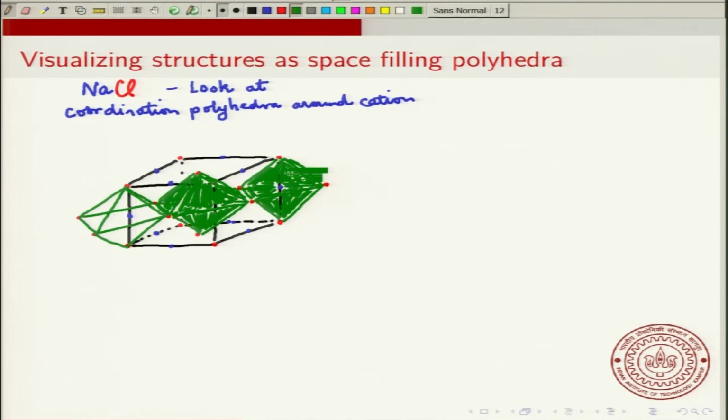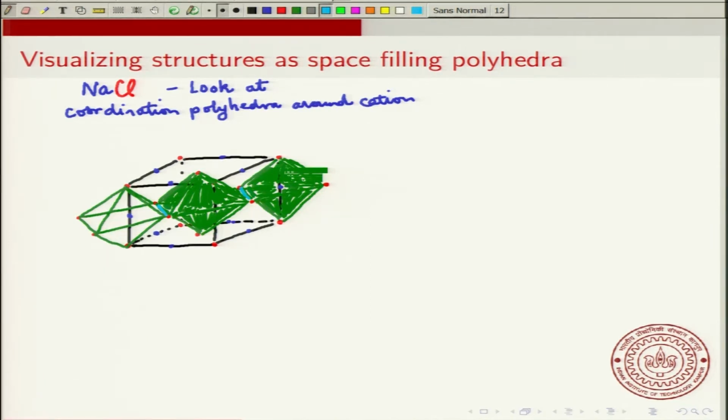So, you can see that in this octahedron here I will not show it, but I will just emphasize that there is one edge which is shared between the two octahedrons. Similarly, here also there will be one edge that is shared between the two octahedrons.